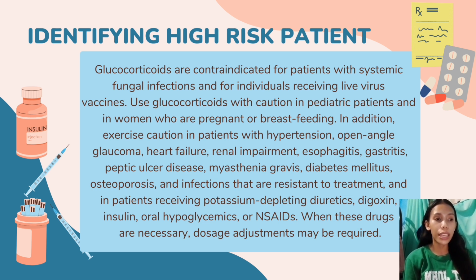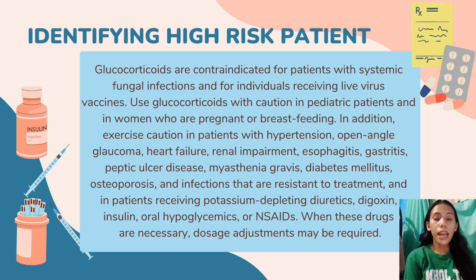Identifying high-risk patients. Glucocorticoids are contraindicated for patients with systemic fungal infection and for individuals receiving live virus vaccine. Use glucocorticoids with caution in pediatric patients and in women who are pregnant or breastfeeding.